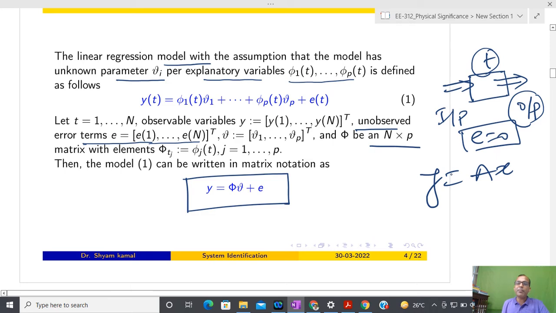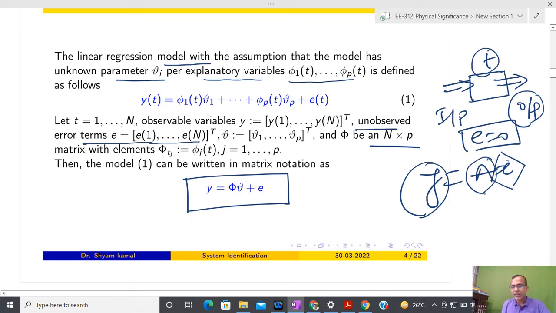And what is our problem now? I know y, I know A, but I have to estimate this value x. Okay, so again you have to apply the theory of linear algebra, and you have already learned under what condition this has a unique solution.